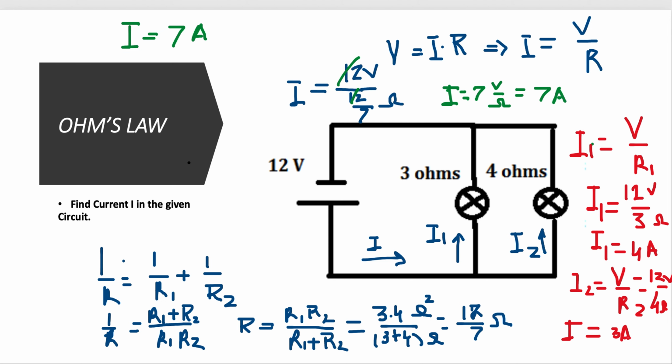And it makes sense because we said this is 3 ampere and this is 4 ampere. It makes sense because 4 ampere plus 3 ampere, the total electric current, is 7 ampere.